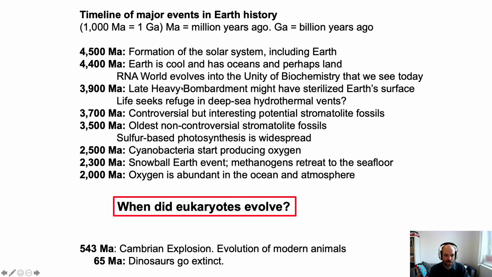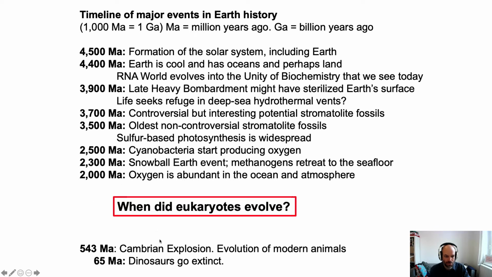So we've been building up this timeline of the history of life on Earth, and we're at the point where about 2 billion years ago we have cyanobacteria making oxygen. We now have aerobic metabolisms, taking advantage of all that oxygen. And we're building up to the Cambrian explosion, where we have the huge diversification of the animals that we see today.